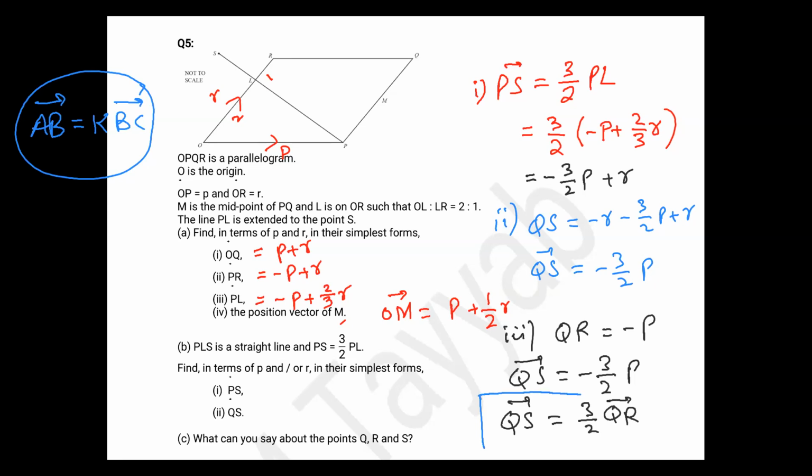See, I got a relation here. QS is equal to 3/2 QR. One vector is k times another vector. So whenever one vector is a scalar multiple, a constant multiple, of another vector, and if one point is common here, see, Q point is common in these two vectors, so we will say Q, S and R lie on a straight line.